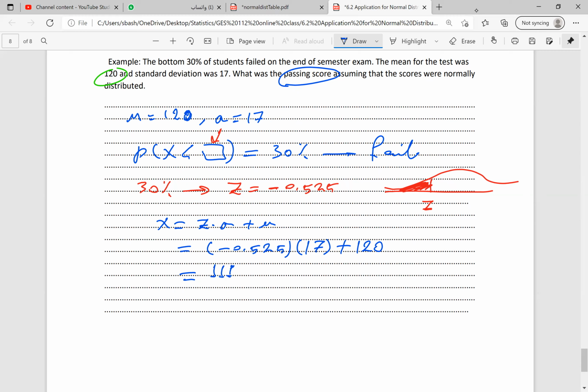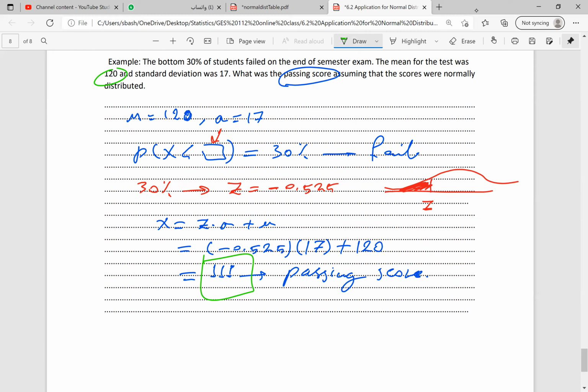So the passing score is 111. This is the passing score. So when the score of the students are less than 111, they fail.